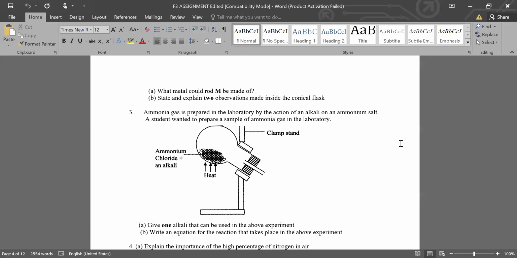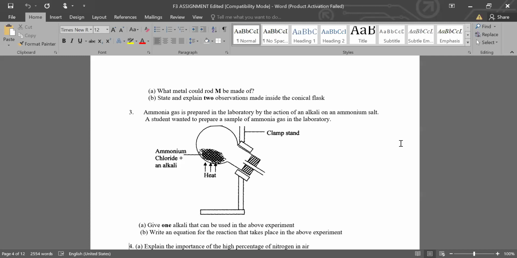In that conical flask, the platinum is said to be hot. So when it is hot, it will be glowing red. When it is being put, it will be glowing red.